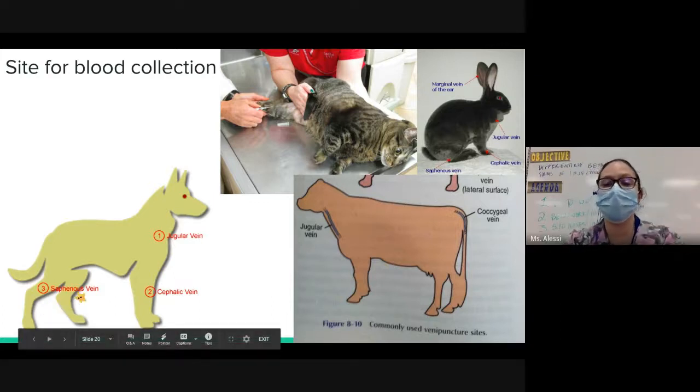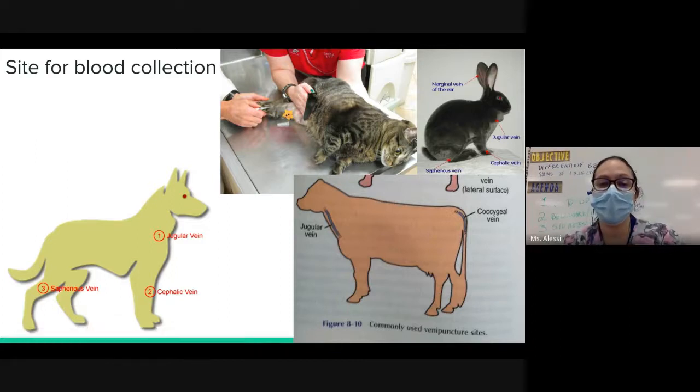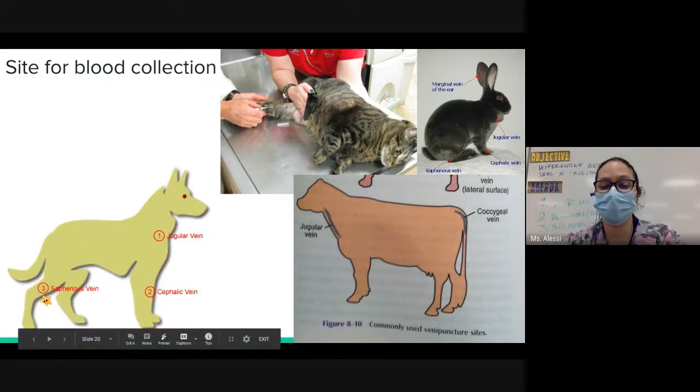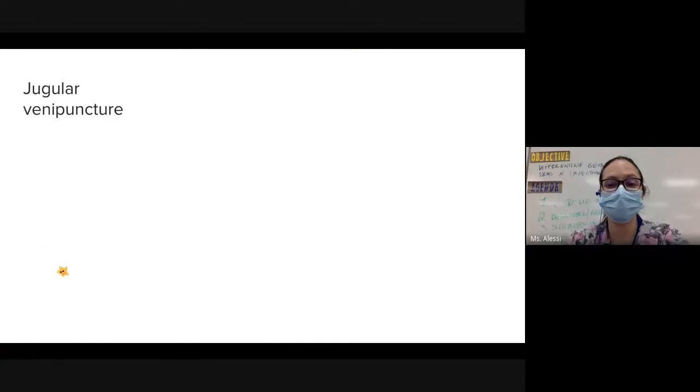The medial saphenous is also called the femoral, okay? So this is that femoral or medial saphenous in a cat. Again, I will be in lateral recumbency unless it's a very, very large dog. Large dogs, you could do standing for that saphenous, but you do need somebody holding off for you.